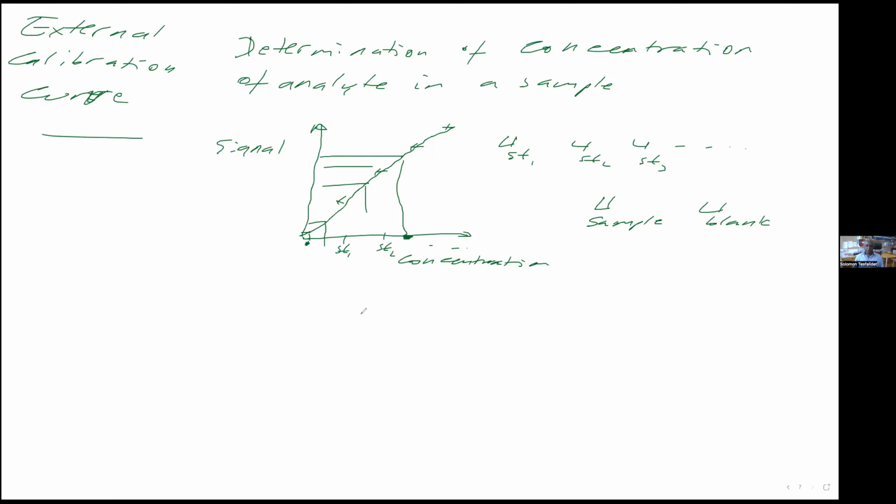Yeah, so there is a limitation here. Most of the time, we have something in the samples that complicates the analysis. So it's straightforward to determine the concentration in the standards, to measure on the standards. But the sample can contain something that can complicate the availability of the analyte for the detector.